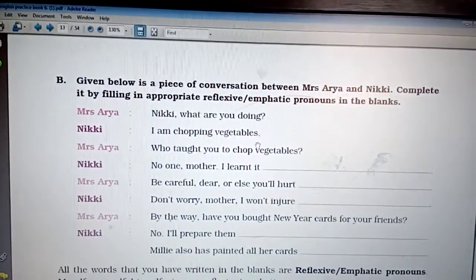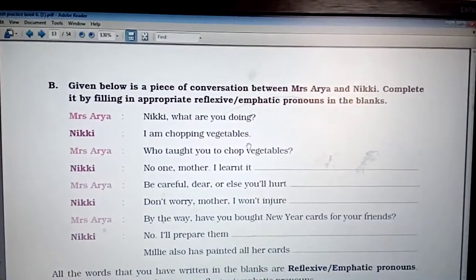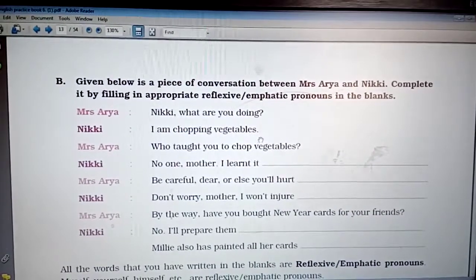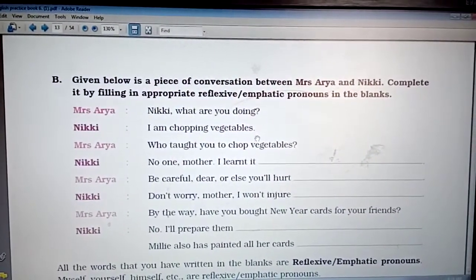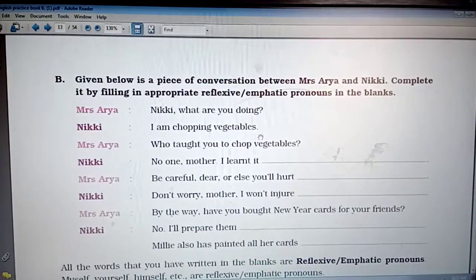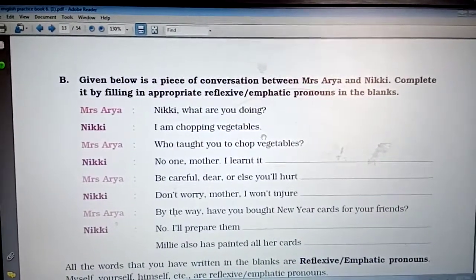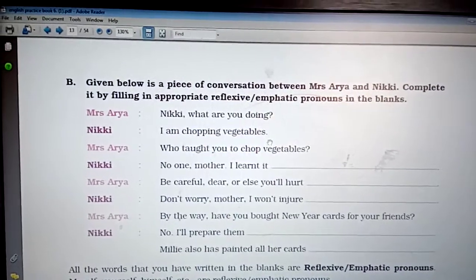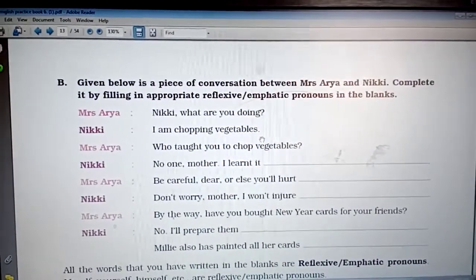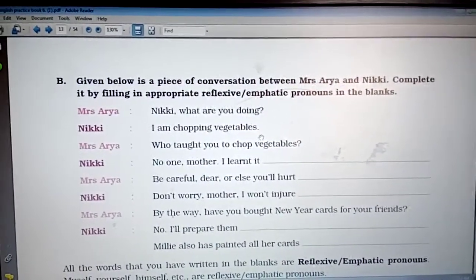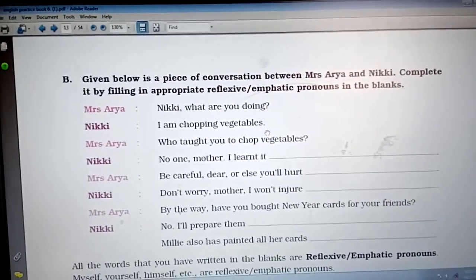Given below is a piece of conversation between Mrs. Arya and Nicky. Complete it by filling in appropriate reflexive or emphatic pronouns in the blanks. Earlier, I have talked about the reflexive and emphatic pronouns and taught the definitions with examples.